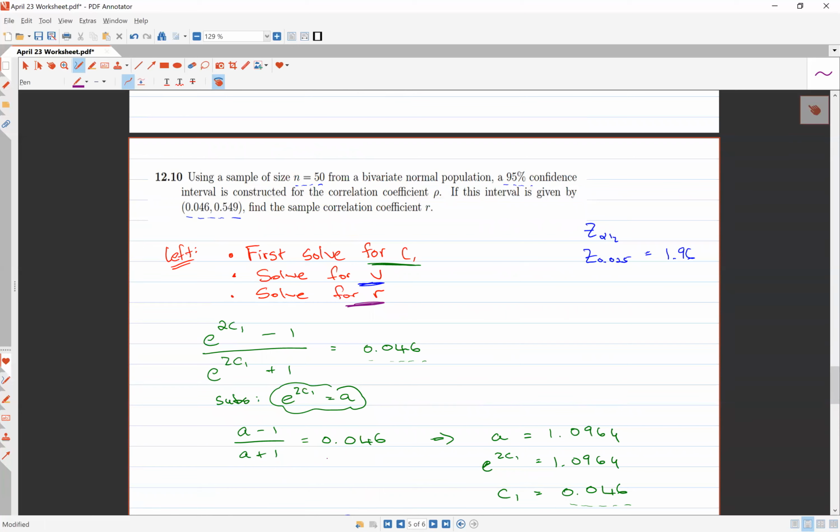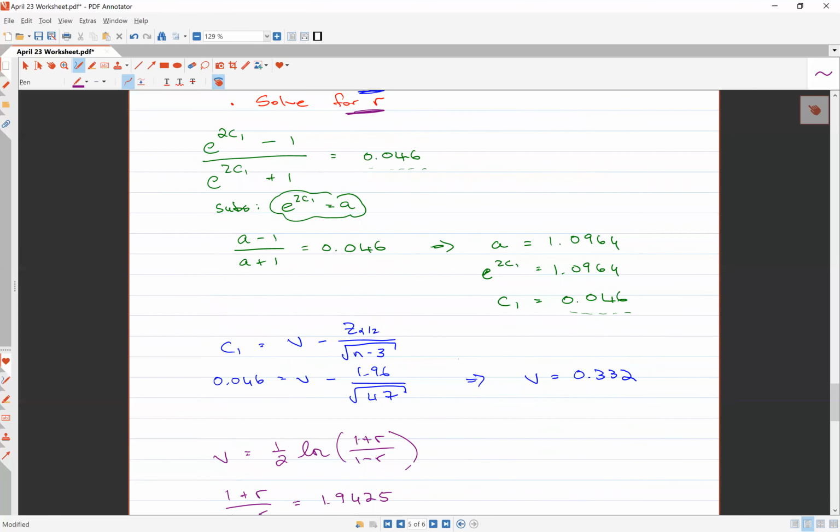What was the midpoint of this interval? Maybe you're curious how far off the midpoint would be from the true value. In this case, the midpoint value of the interval is 0.298 to 3 decimals.